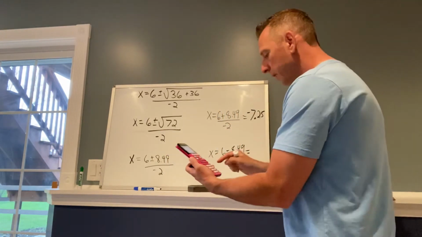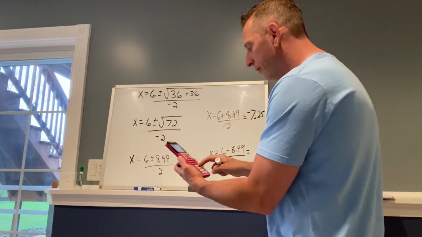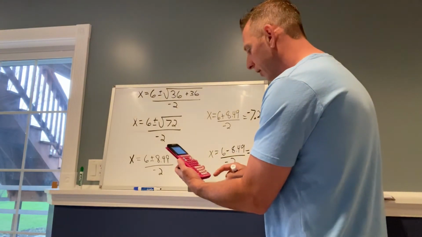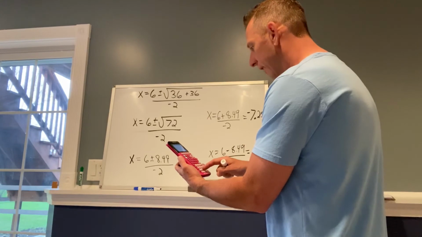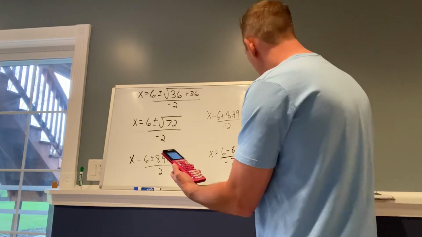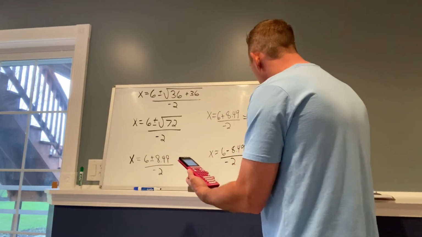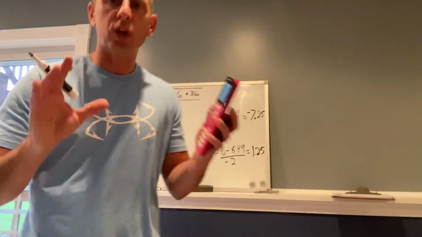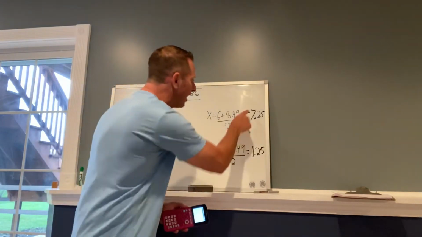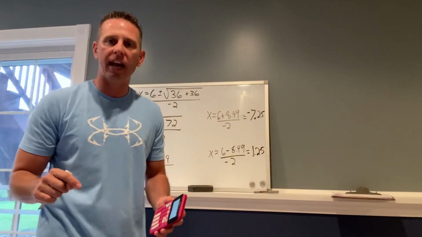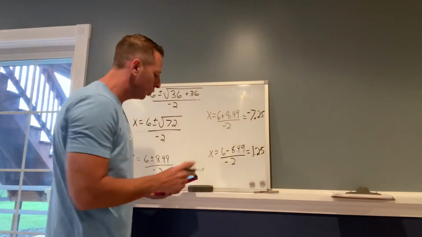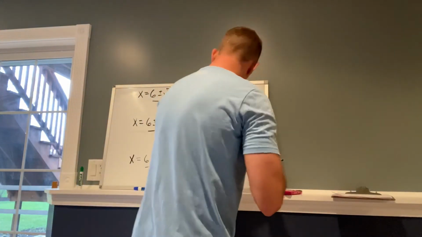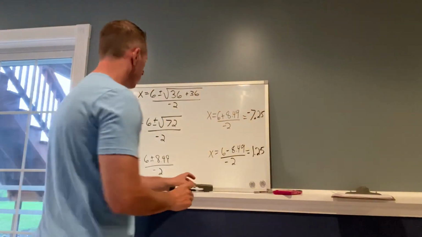Over here, 6 minus 8.49, hit enter, divided by negative 2, hit enter again, about 1.25. There's our two answers. Again, if we were going to graph this parabola, that's where the parabola would cross the x-axis, at those 2 points.